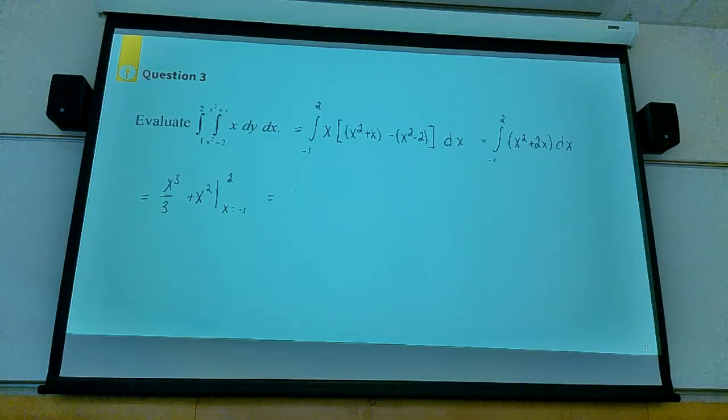Negative 1 cubed, negative 1. 8 minus negative 1 is 9. 9 over 3 is 3. 2 squared is 4. Negative 1 squared is 1. 4 minus 1 is 3. 3 plus 3 is 6. And that would be that integral.